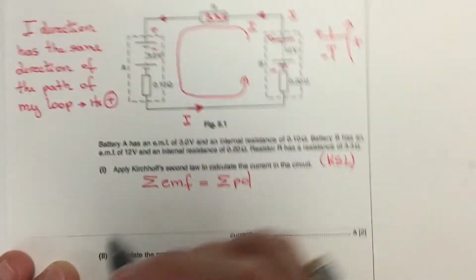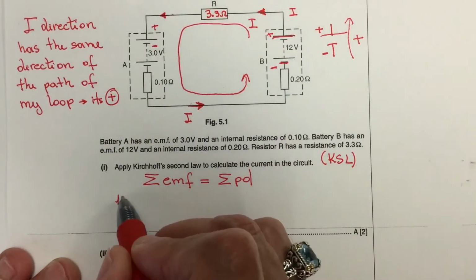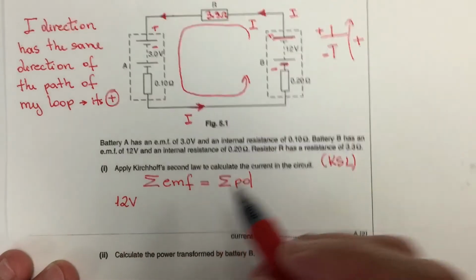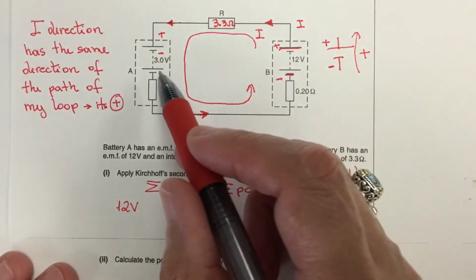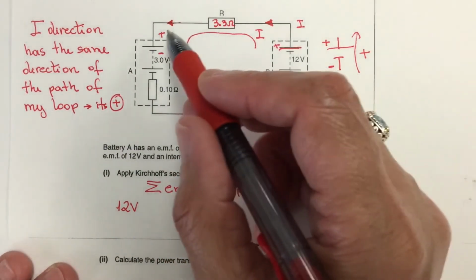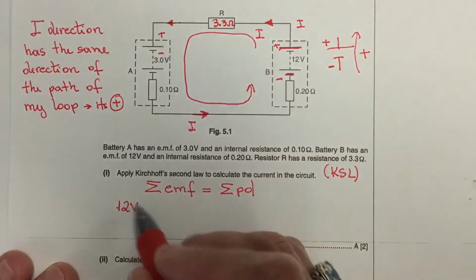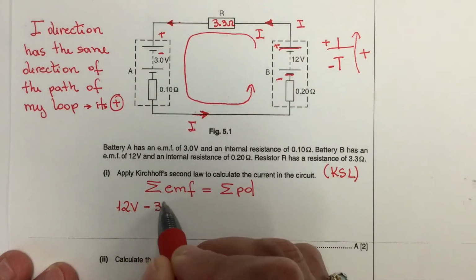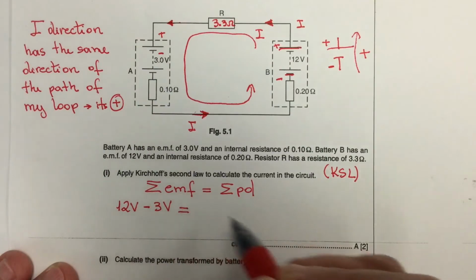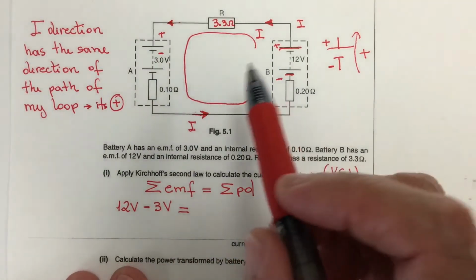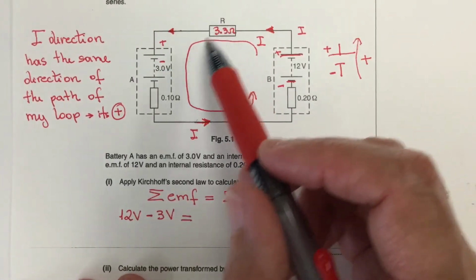So this one here will be 12 volts. And the second EMF will be this one, which is from positive to negative, so minus 3 volts is equal to, now let's look at our three resistances.